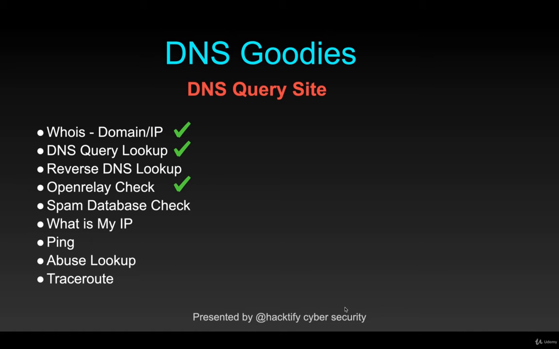We are also going to perform open relay checks, reverse DNS lookups, spam database check. We are going to see what is my IP, how you can perform traceroute to any particular target, check pings, and check the abuse lookup database of that particular target.